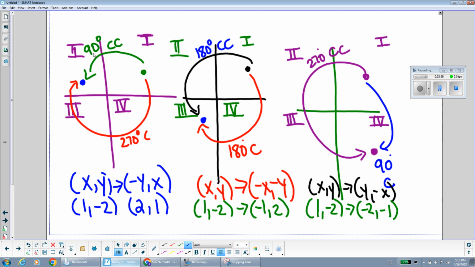So that's why 90 degrees counterclockwise and 270 degrees clockwise are the same thing and they use the same rule. They will put an object in the same spot. You can also pause the video and take a look at my visual for why 180 degrees in both directions is the same as each other, and why 270 degrees counterclockwise and 90 degrees clockwise are the same thing as well.